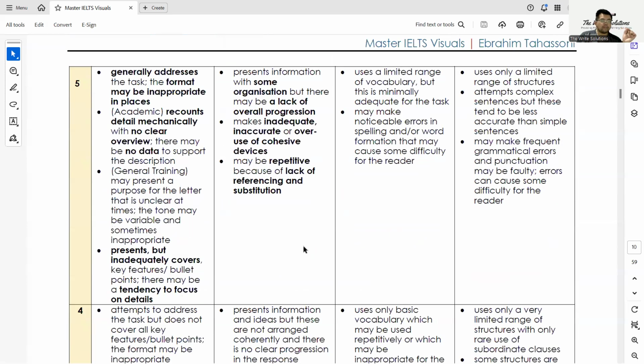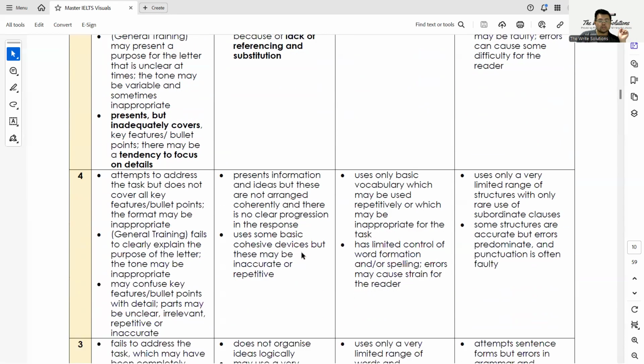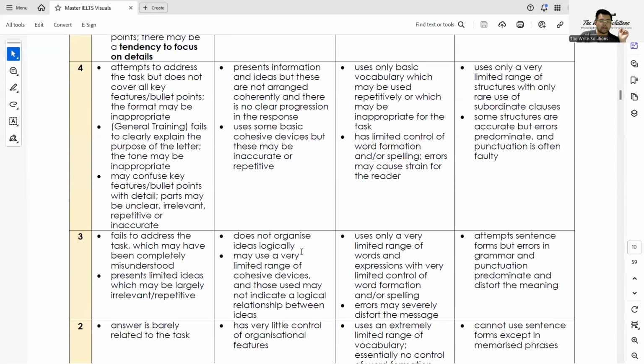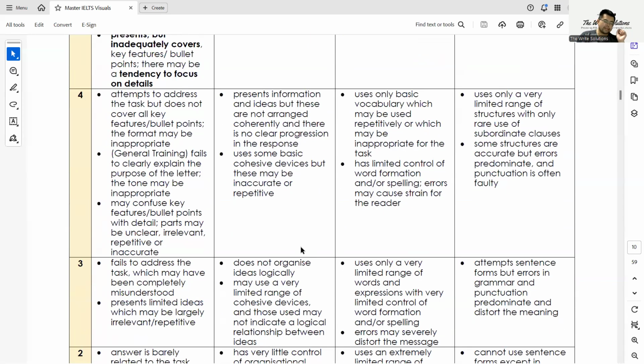When we go lower to band 5, you're missing one of the 4 key features: either the overview, features, comparisons, or the paraphrase. You're missing something. The format could be inappropriate, you're mixing up the format, and there is some data that is not given. Bands 4, 3, 2, 1, and 0 will not be successful for getting into college or even passing the citizenship.